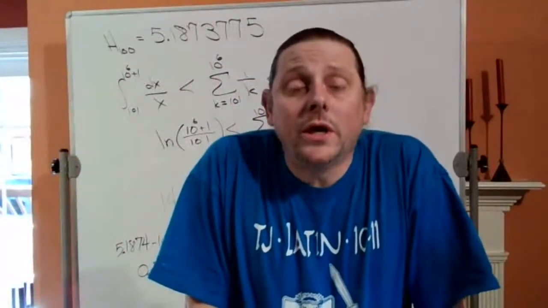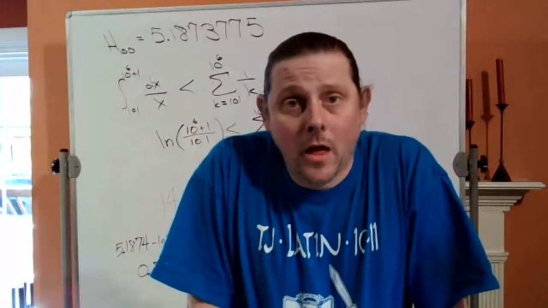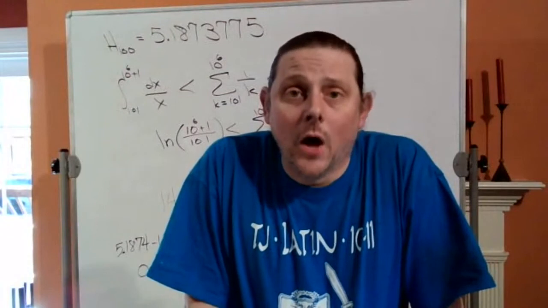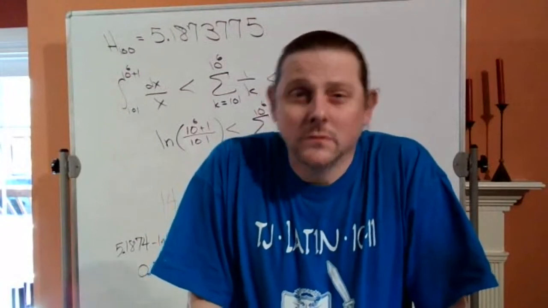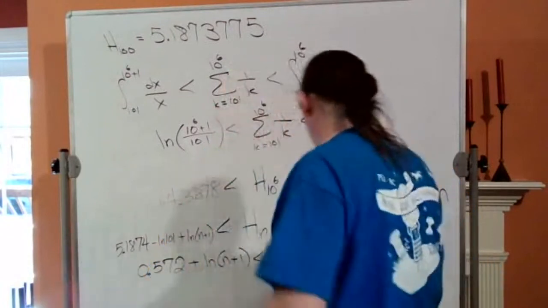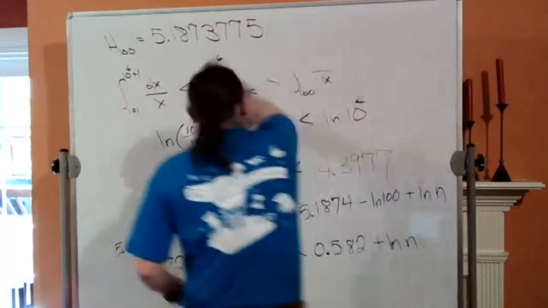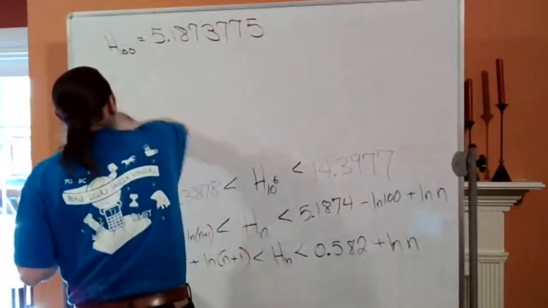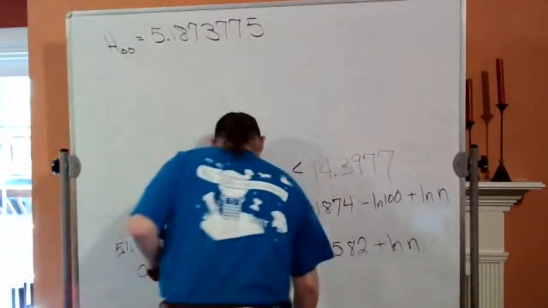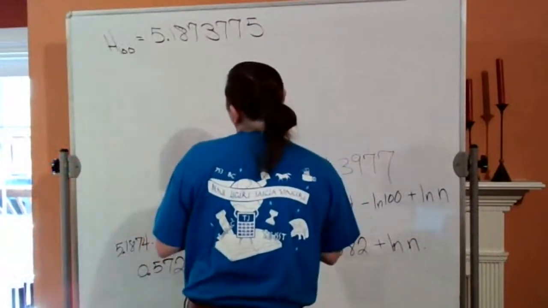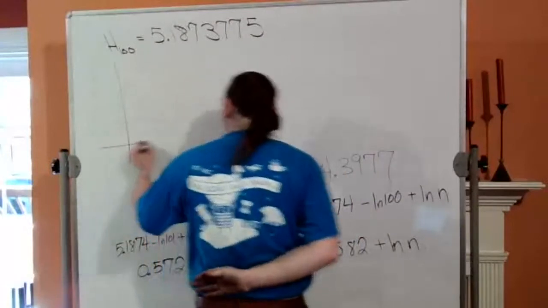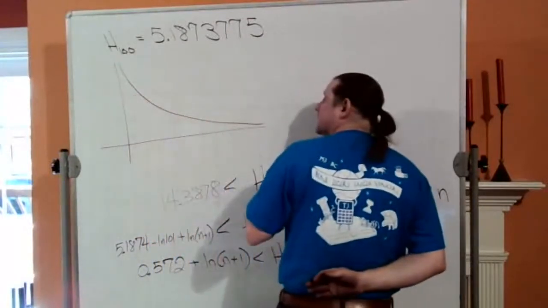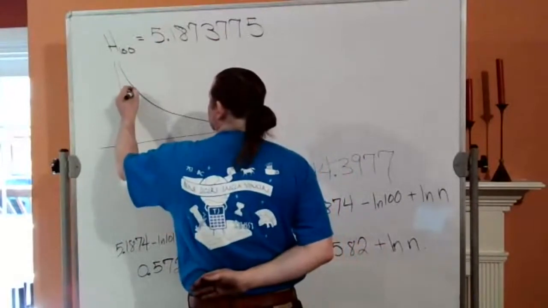In fact, we can use this estimate to extract the divergence in the harmonic series. Sort of an interesting manipulation. So we'll consider again a graph of our function, in this case 1 over x, all right, in our boxes.